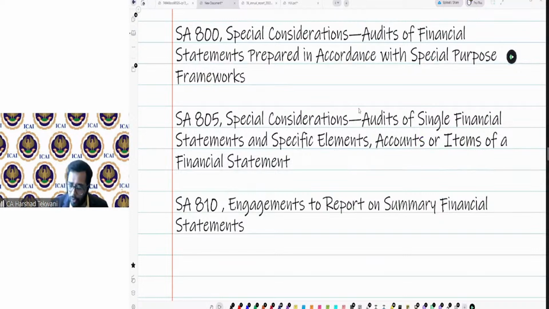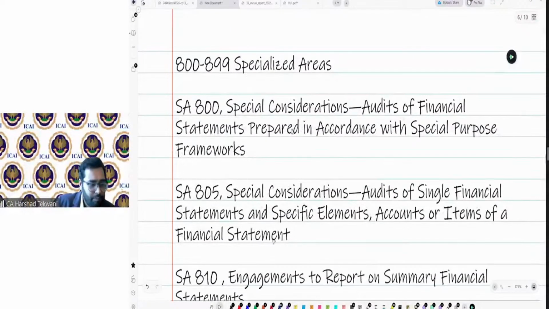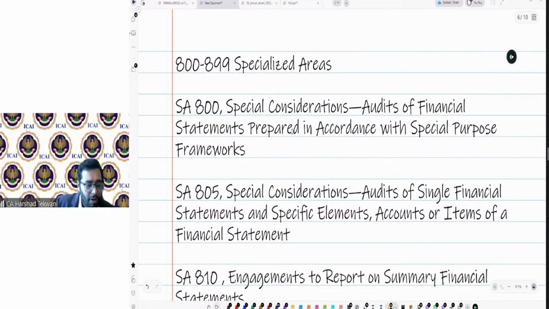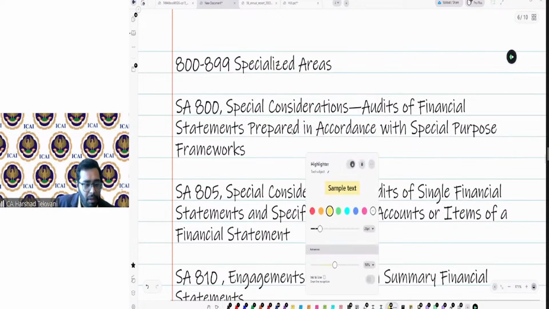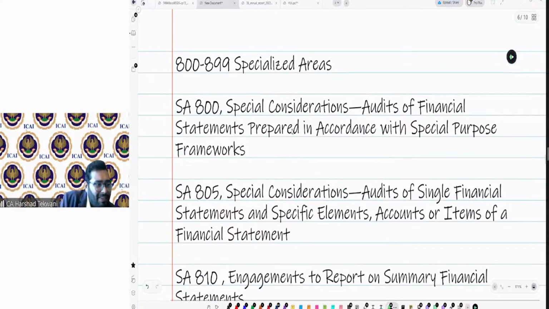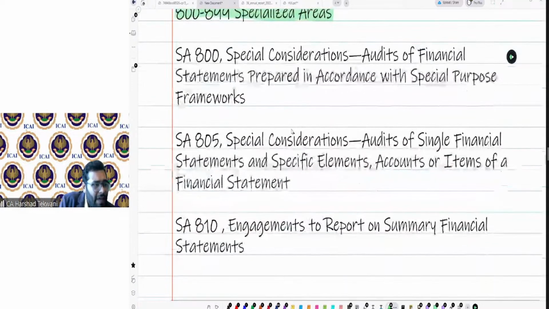Okay. Let us go through the SA 800 series and CFS. So SA 800 series talks about basically specialized areas. Where we have SA 800, these are applicable in special cases. We have SA 805. We have SA 810.